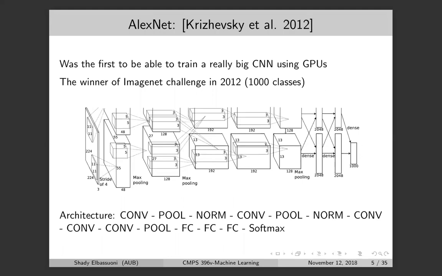So this is really how the network looks. It's a complex network, deeper than LeNet for sure, and with many more parameters. It was very influential when it came out, because it was the first one to train a really big CNN using GPUs.